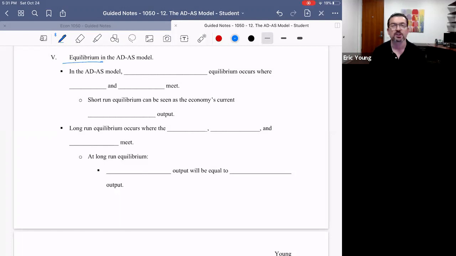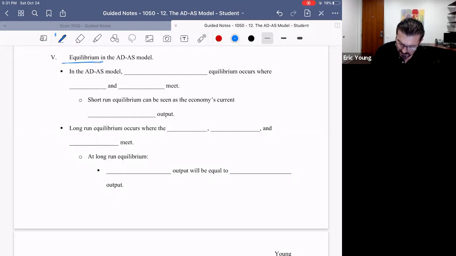So let's use this lecture to really synthesize not just our pieces of the model, but all that previous information on the gaps, the recessionary gap, inflationary gap, the output gaps, recessions and booms and inflations and unemployment and all these things. Let's put them all together right now, okay?